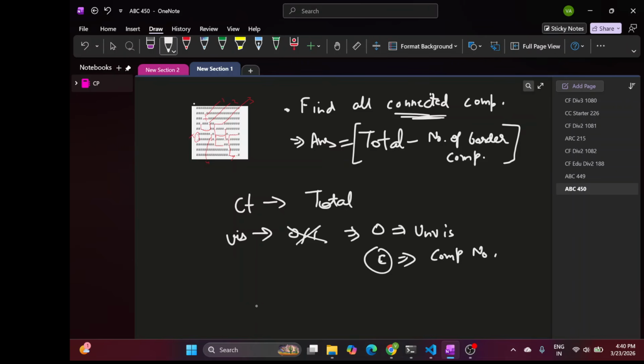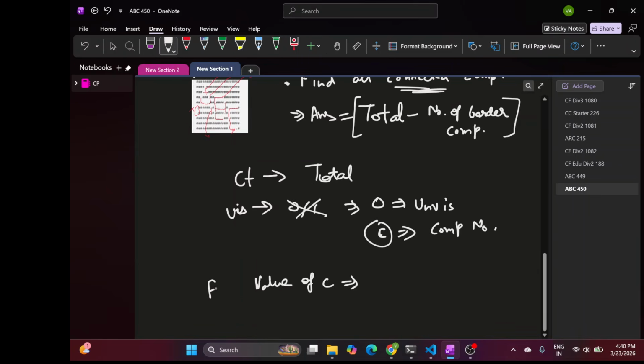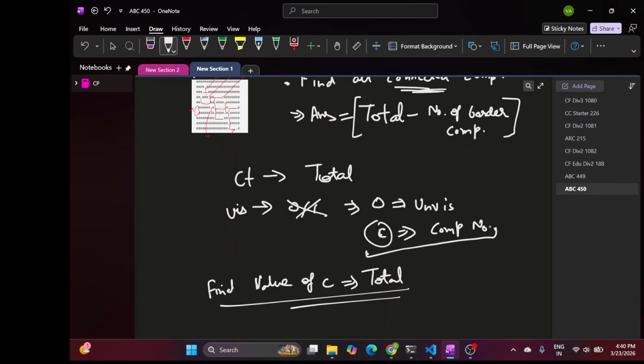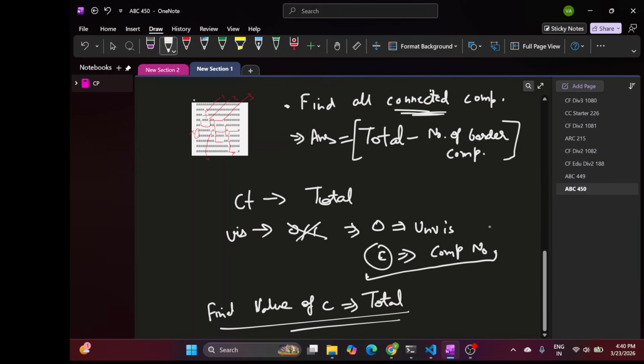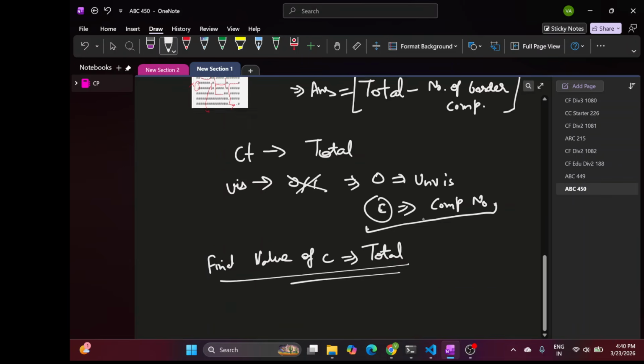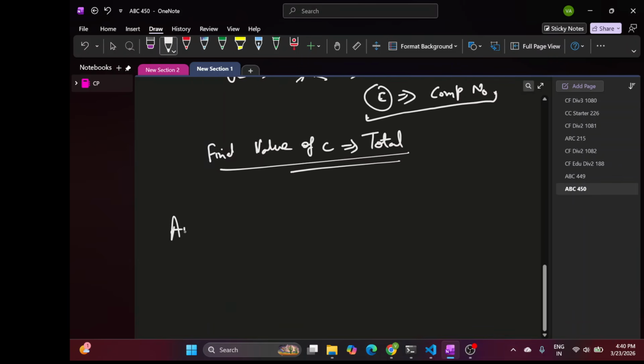And finally, the final value of C is total only, right? And now C will differentiate all the components for us, and then we can just find the number of distinct values we have at the border. So our answer is basically C minus the number of distinct colors at border.